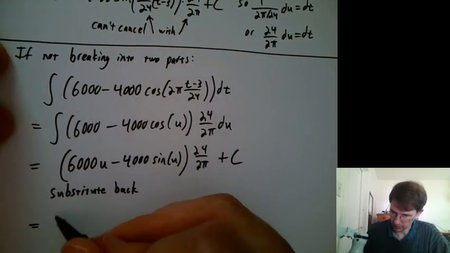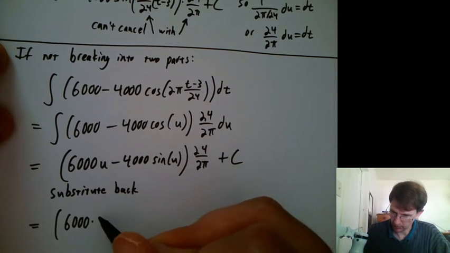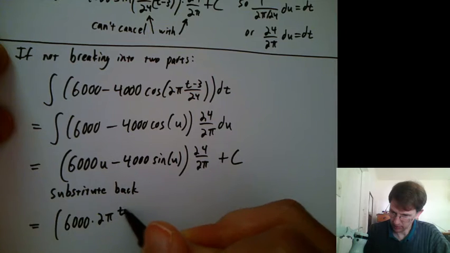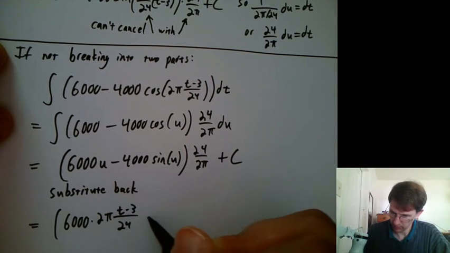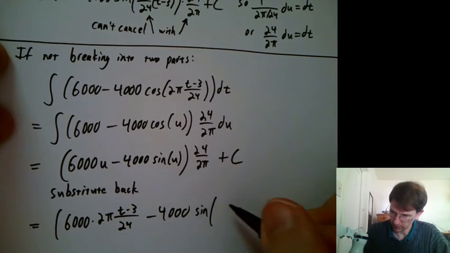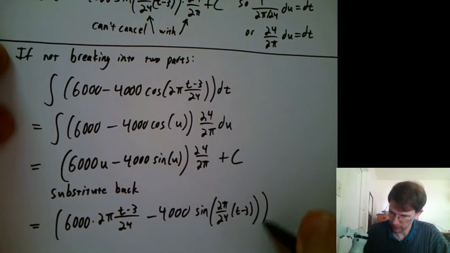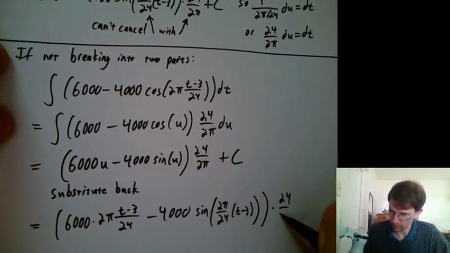And we get 6,000, and instead of u, I have 2 pi over 24 times t minus 3, minus 4,000 sine of 2 pi over 24 times t minus 3. All of that times 24 over 2 pi.